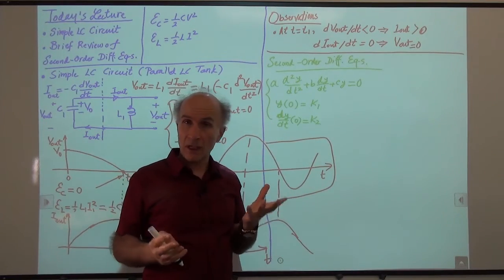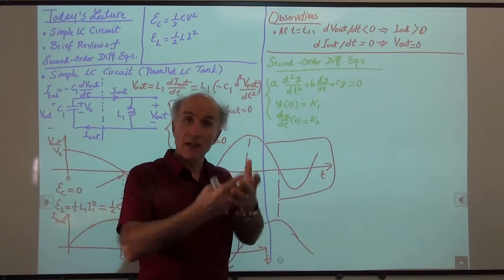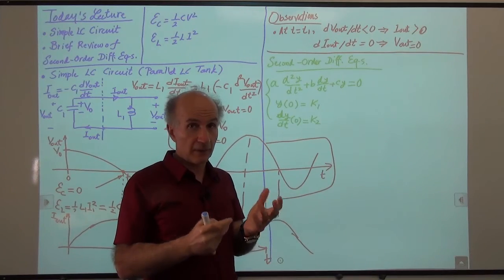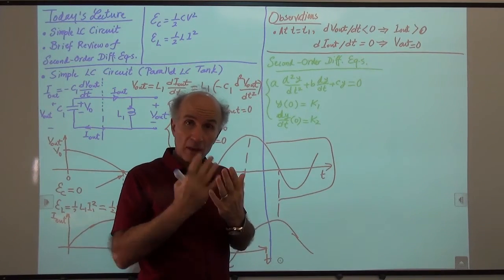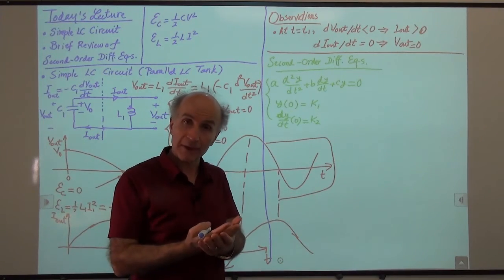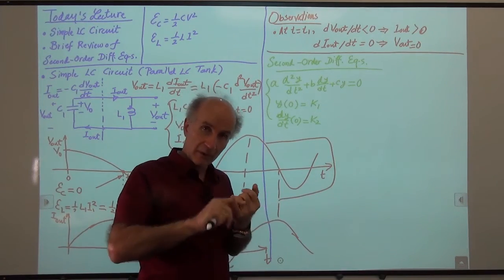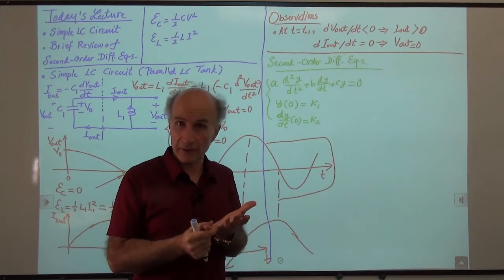So that's interesting. How could a function and its derivative and its second derivative all add up to 0 at all points in time? That's only possible if these 3 have some resemblance. They look like each other. Maybe one of them is flipped or something, so that when we add them up, we get 0 at all times, right? So we're looking for a function, some y of t, whose derivative looks like it, whose second derivative looks like it. Do we know such a function?